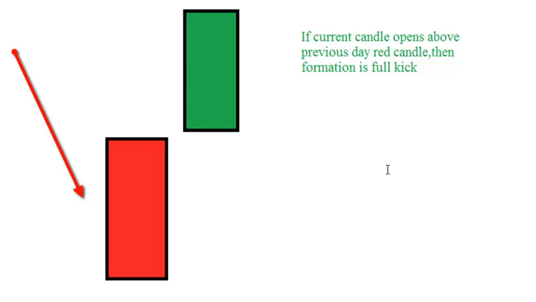This is a red candle where the bears are in control, and all of a sudden the next day the candle opens above the opening of the red candle, and it opens here and it goes up. So this is the opening price, this is the closing price, and what really happens in a full kick or kicker candle is that the price of this green candle opens above the red candle and starts going up. So this is called a full kick or a kicker candle.